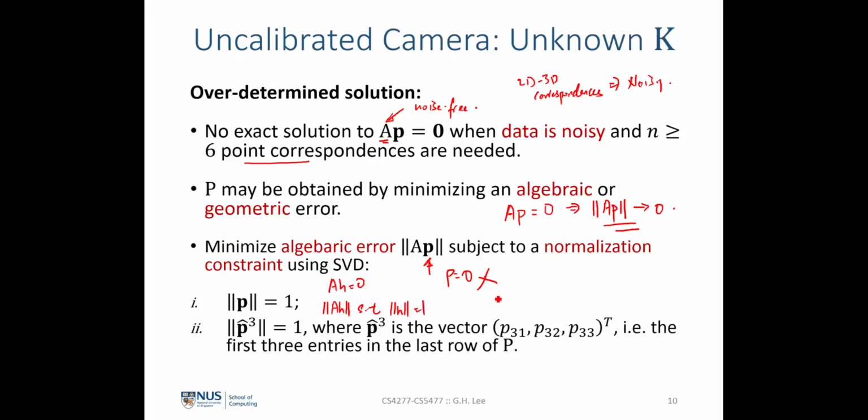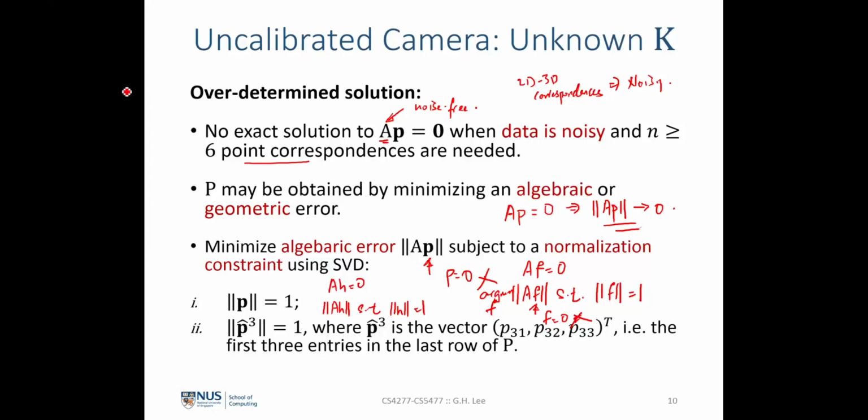And in the fundamental matrix case, we have AF equals to 0, and to minimize the algebraic error means that we will minimize the norm of AF subject to the norm of F equal to 1. Otherwise, in all these cases, by just doing this minimization without any constraint, it's likely that the solution would be equal to 0, and this is what we want to avoid.